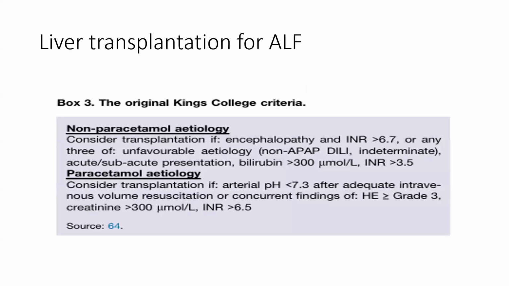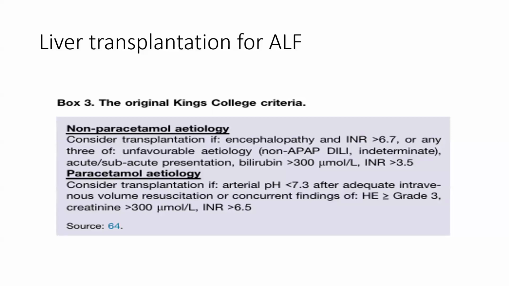Now, the criteria for liver transplantation. The original King's College criteria: non-paracetamol etiology. Consider transplantation if encephalopathy with INR more than 6.7, or any three of the following: unfavorable etiology, acute or subacute presentation, bilirubin more than 300 micromole per liter, or INR more than 3.5.